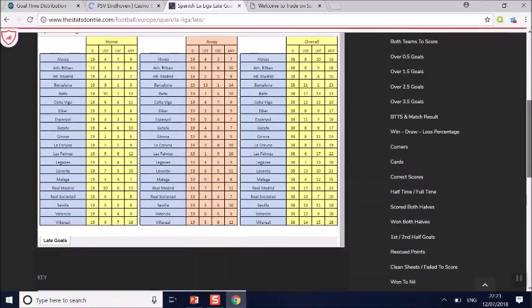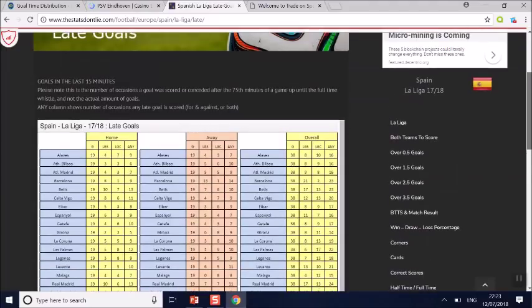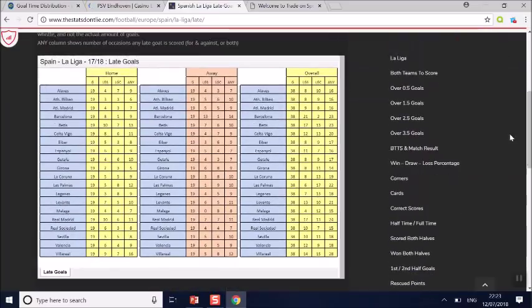So for each team, you can almost work out a percentage of the goals scored for home and away. You can actually see the percentage of goals that have been scored after 75 minutes. And you can see it home and away and an overall combination view.